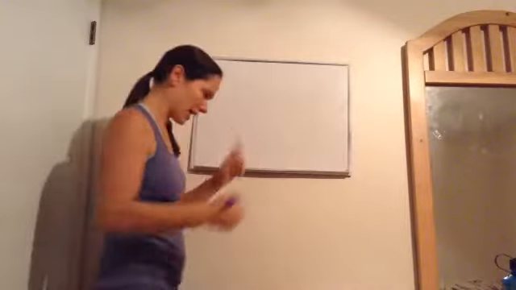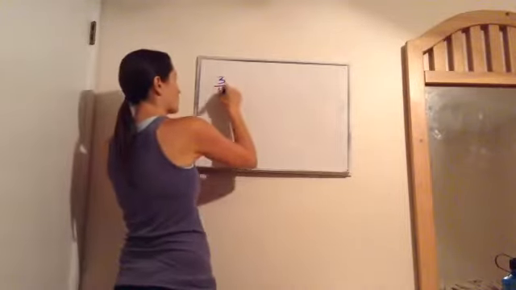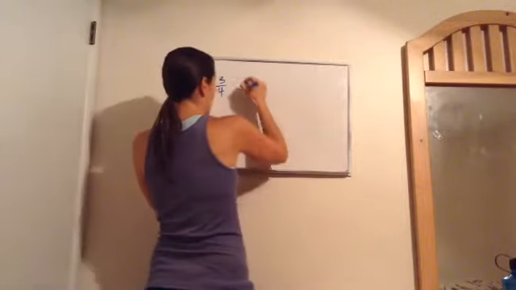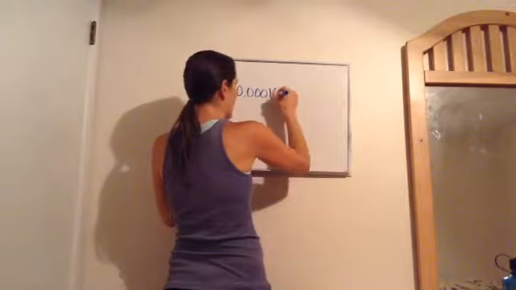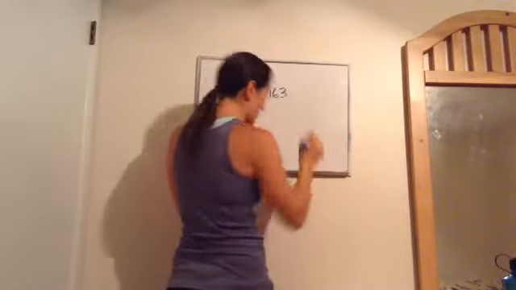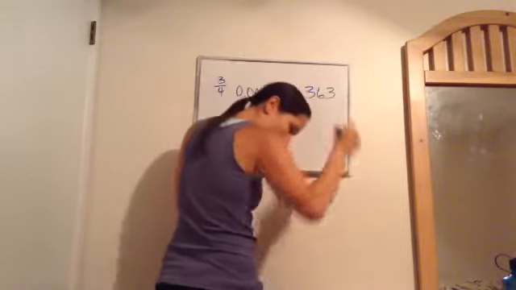Okay? Now, let's talk about real numbers. I'm going to draw a few real numbers up here. And you may look at this and go, what? Those are real numbers? But I'll explain myself in just a minute.